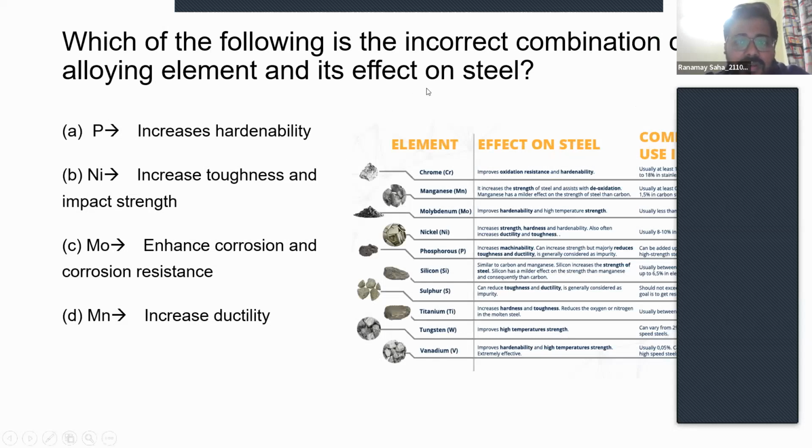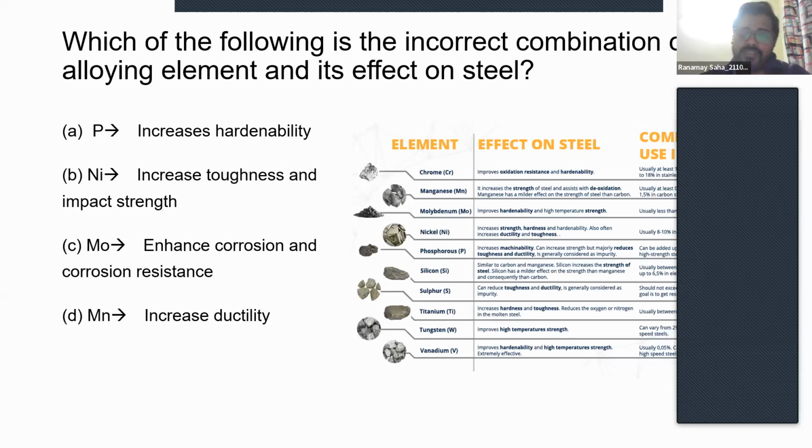So this is a question. It doesn't require any concept. You have to remember this kind of table, where there are heat treatments and alloying treatments on metals to make them usable for a particular specific usage.